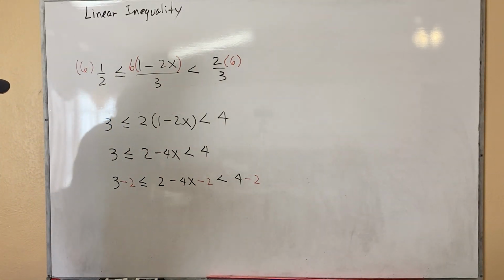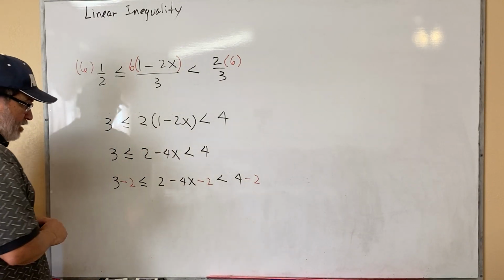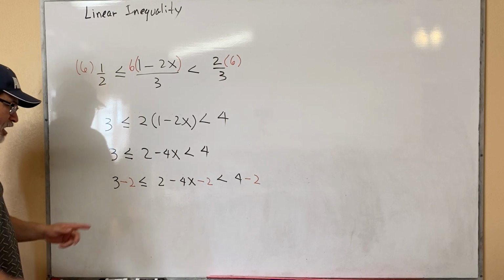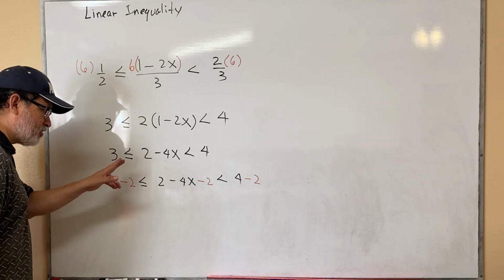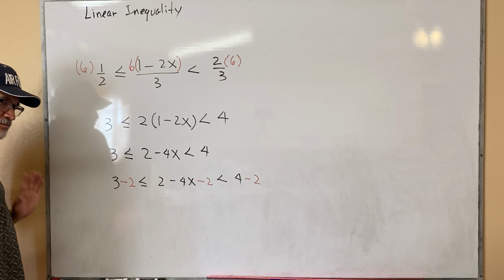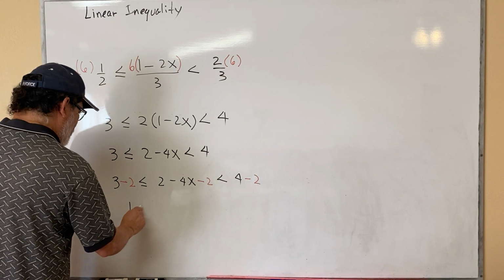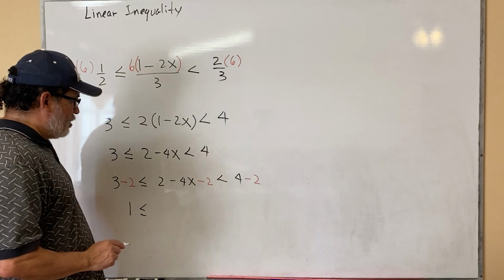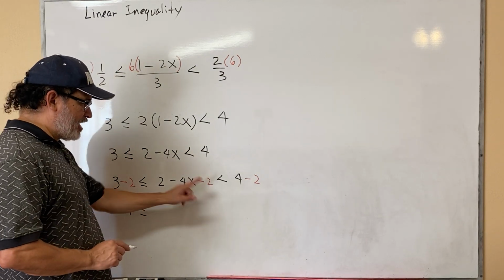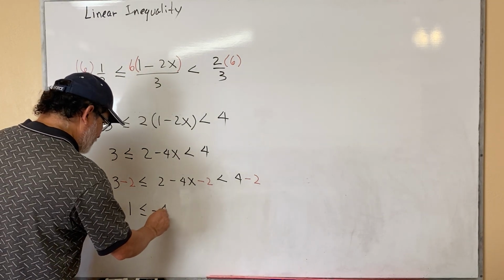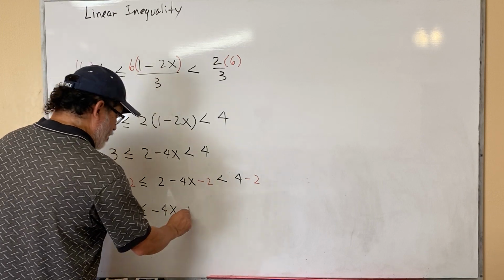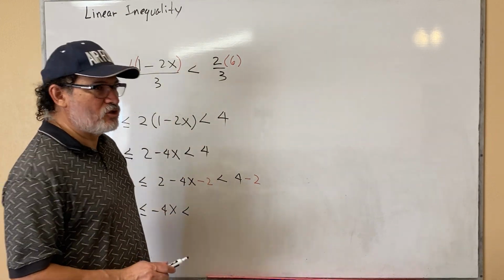All 3 sides. No, I have not lost my inequalities. And so what's 3 minus 2? 1. This 2 cancels as negative 2. We get negative 4x. And what's 4 minus 2? 2.